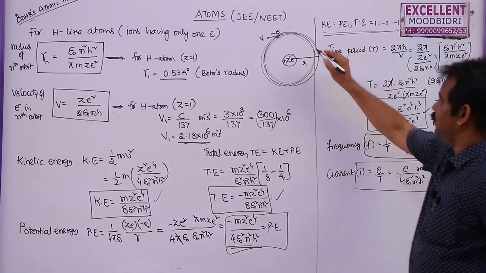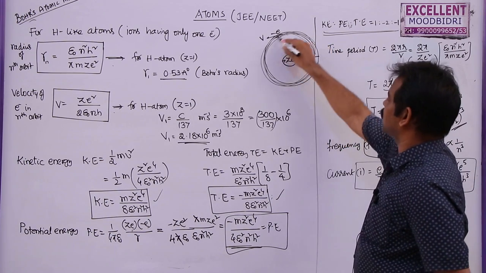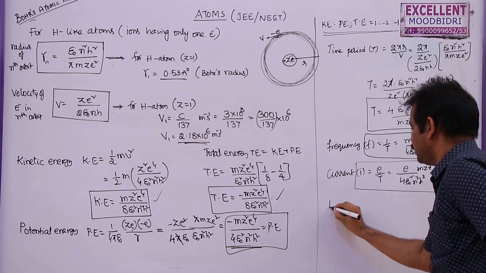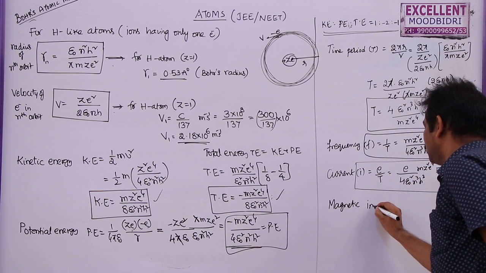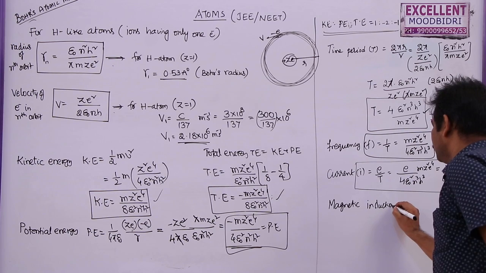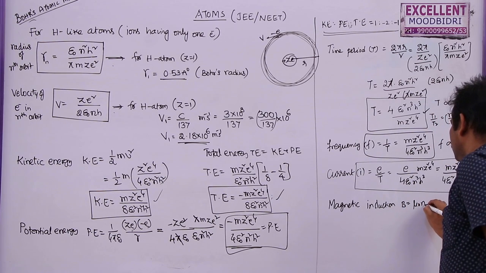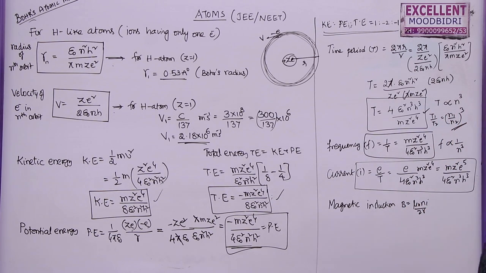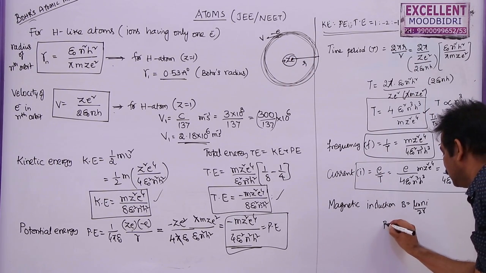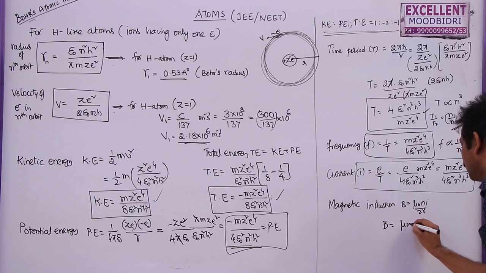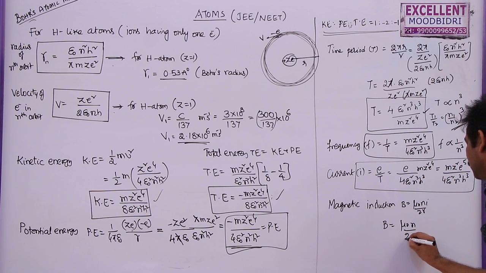So after that, when a charge or current is flowing in a circular orbit of radius r, the magnetic field induction is given by B is equal to mu naught N i by 2r. Because the current is flowing in the circular orbit, the magnetic field induction is given by mu naught, number of orbit, by 2 into, this is r, I by r.